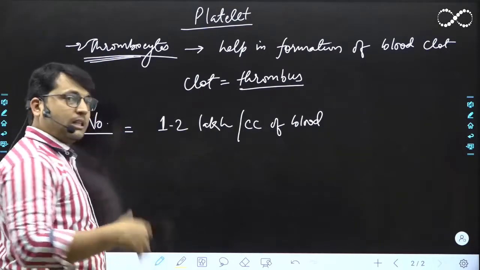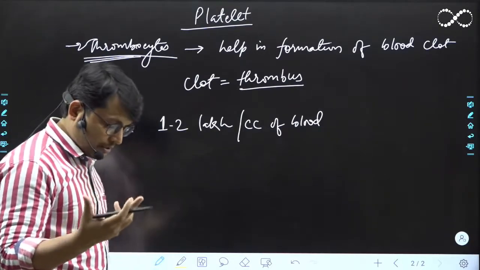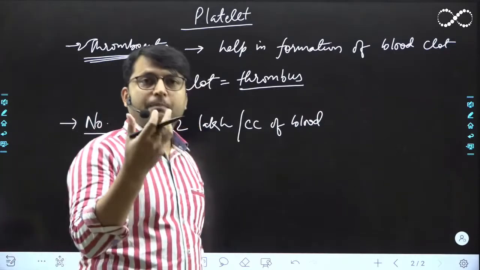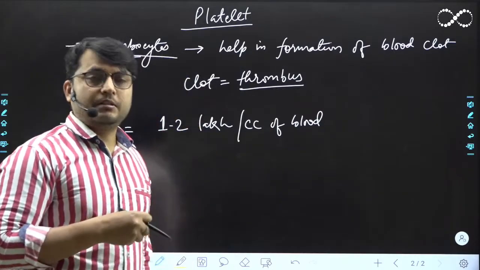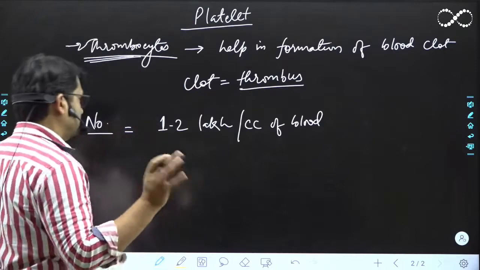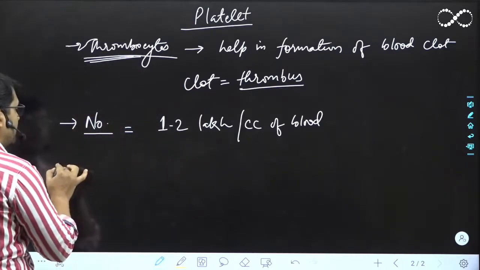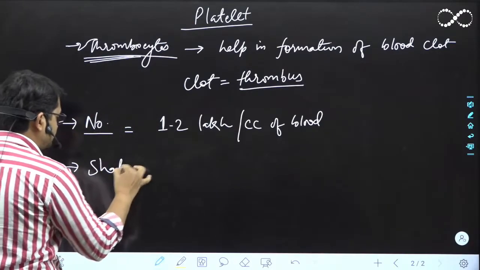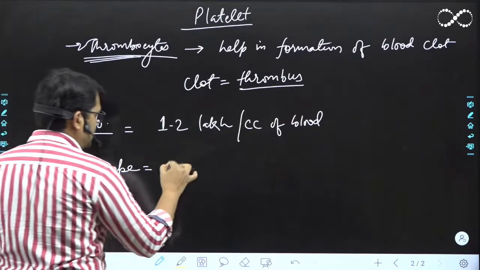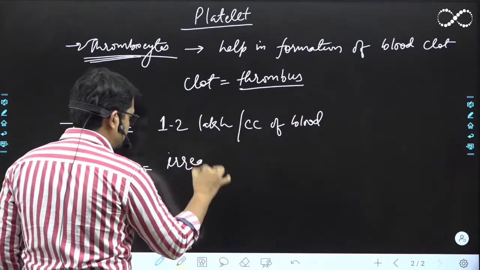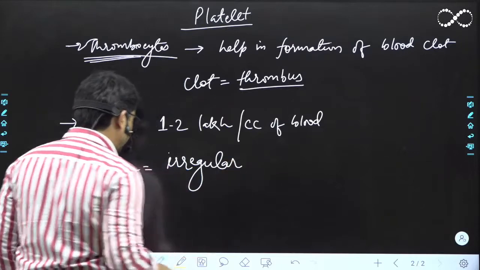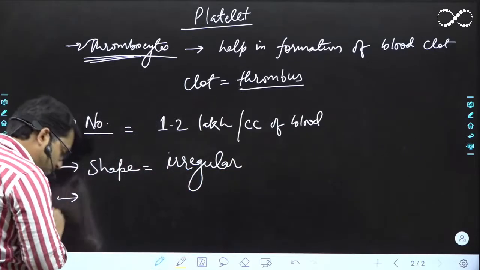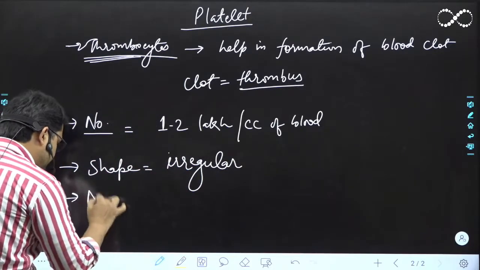Okay, अगर इसका number कम होता है ना, we especially see diseases like dengue जिसमें कि platelet count decreases considerably. ठीक है, but again उसके बारे में हम लोग यहाँ पे बात नहीं कर रहे हैं. What about shape? Shape is irregular.